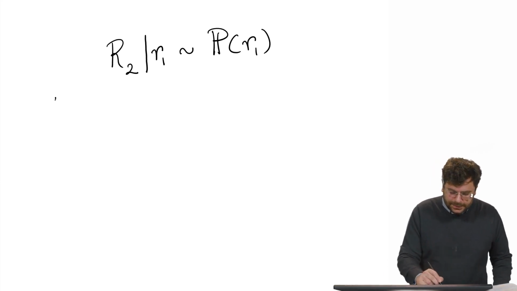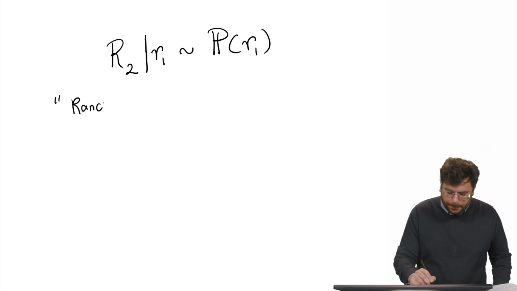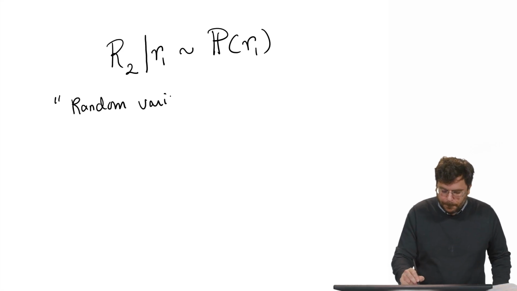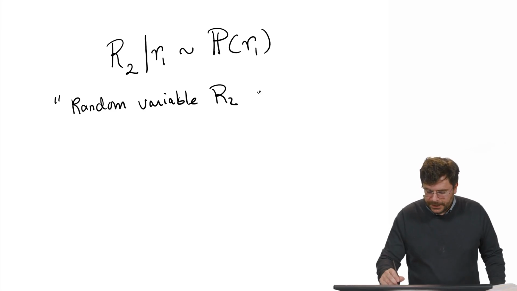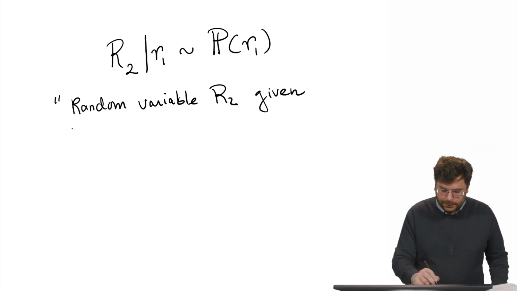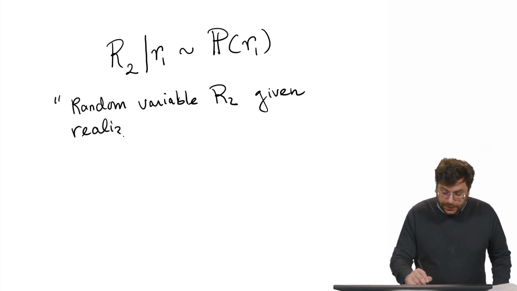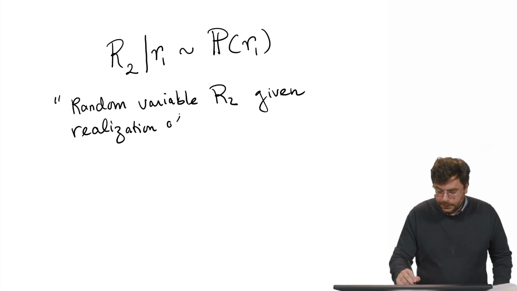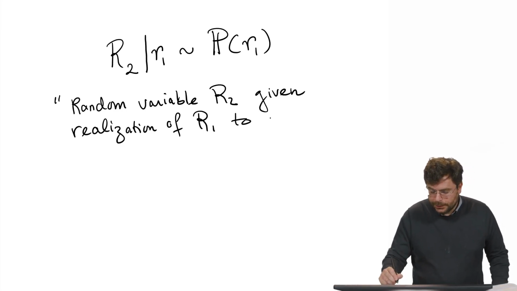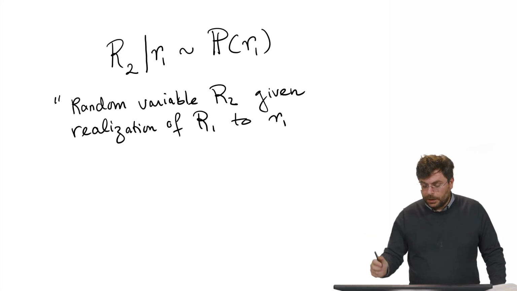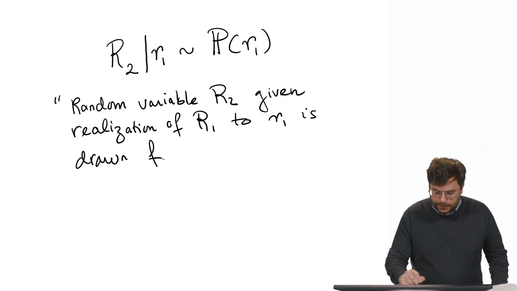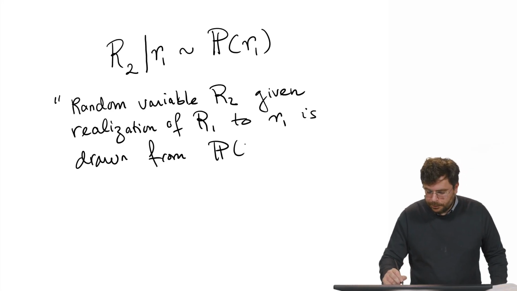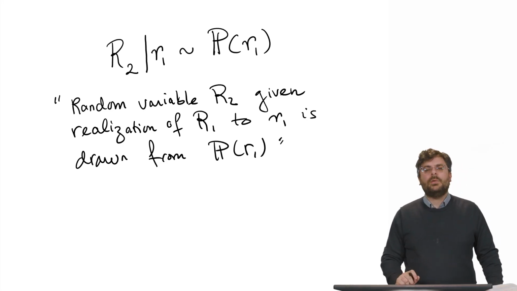This is saying that random variable R2, given the realization of R1 to some value R1, is drawn from P of R1.